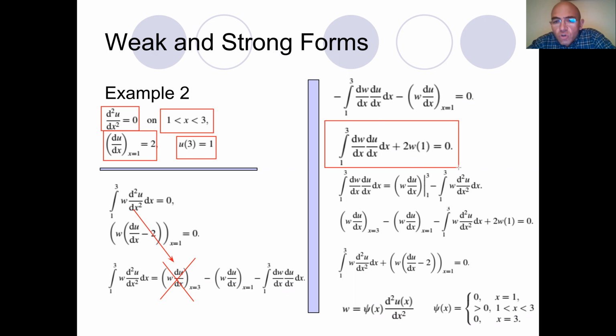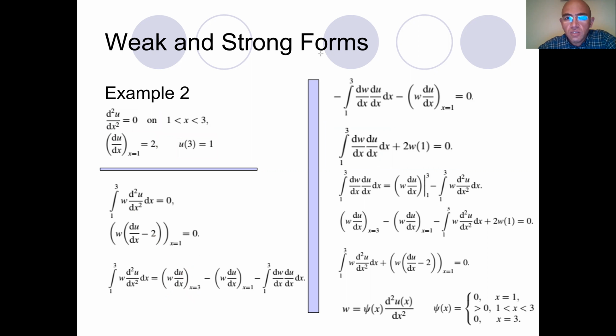Now, let us show that this weak form is equivalent to the strong form. For this purpose, we will just take this expression and apply integration by parts to it again. Now, this gives us this final expression.